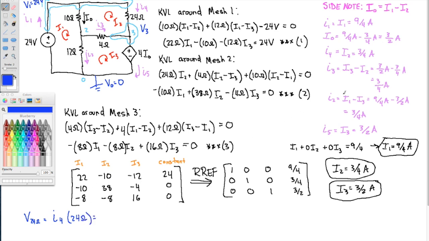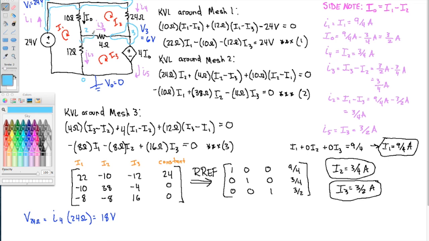Okay, and I4 was 3/4 amps. So that makes an 18 volt drop. So there's an 18 volt drop across the 24 ohm resistor, and the top of that resistor is at 24 volts. So if it drops by 18, that means V3 is 6 volts. 6 volts right here.